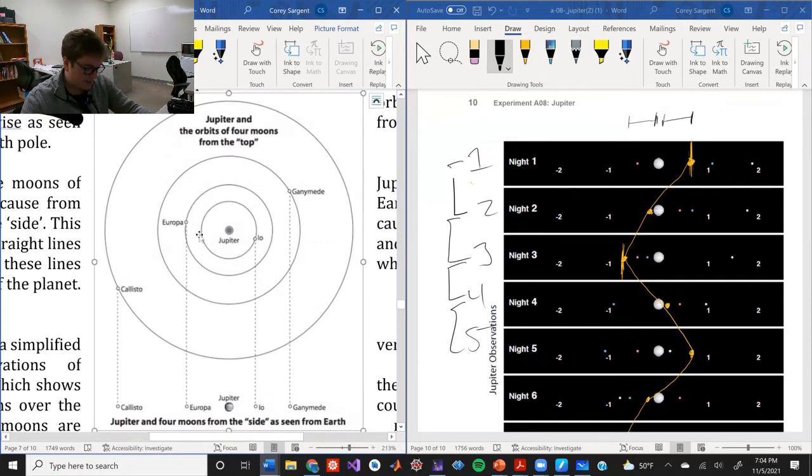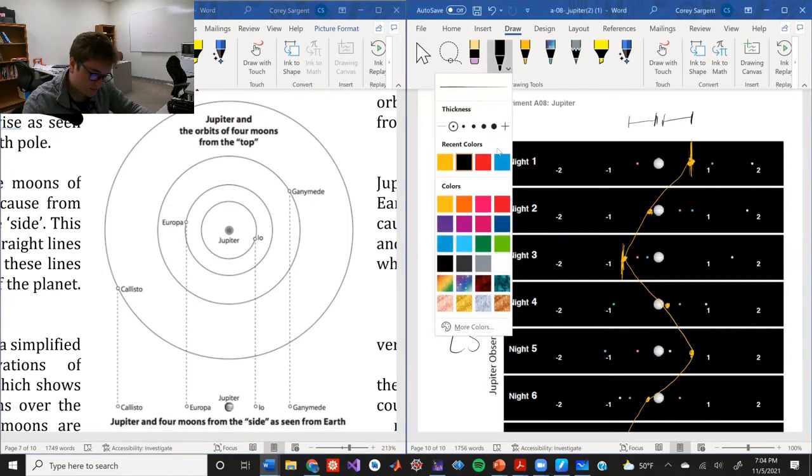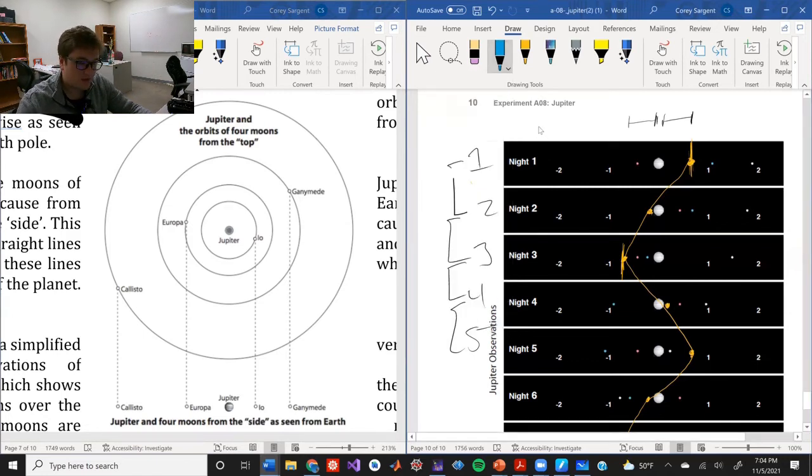Right here, it tells us which moon, either Callisto, Europa, Io, or Ganymede, has the smallest orbital radius, which has the largest, and which are in between. Once we look, for example, at the blue moon, I'm back on the right-hand side.